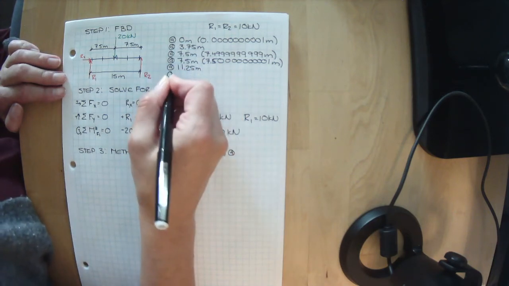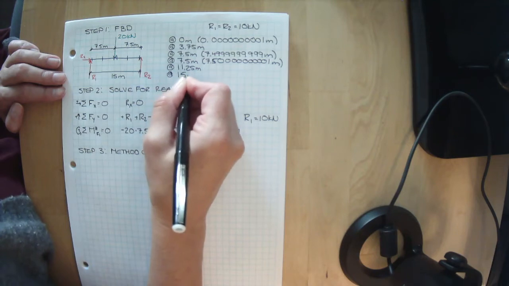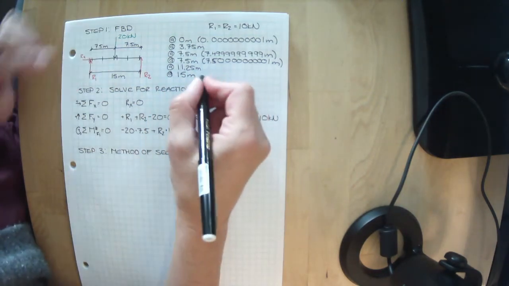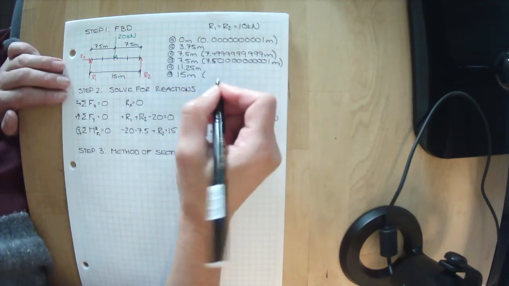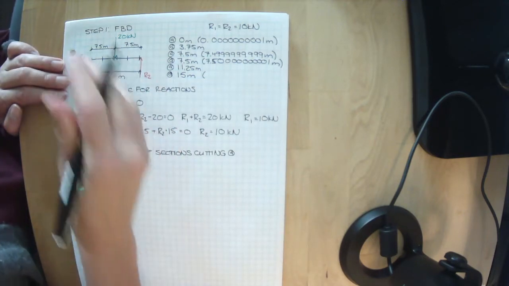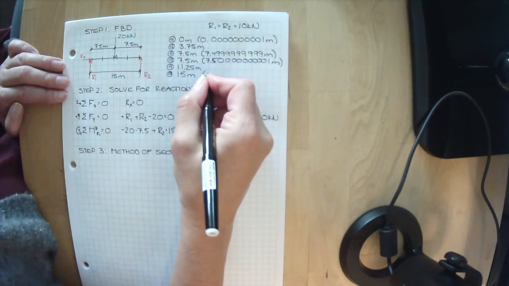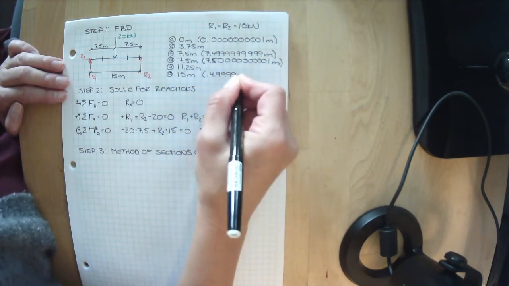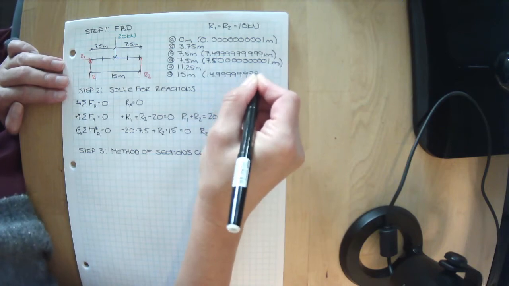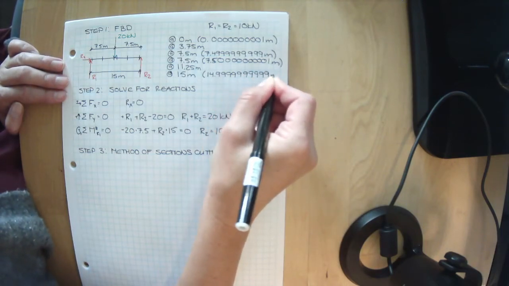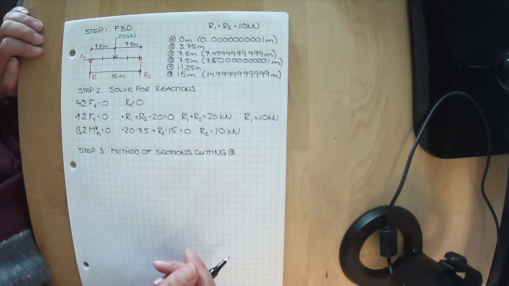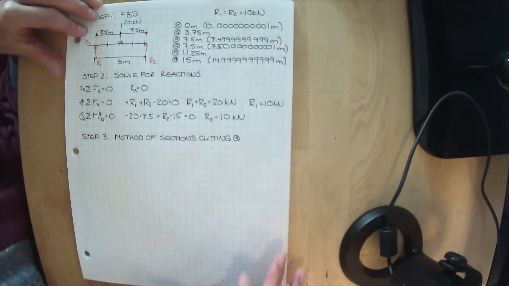And then let's cut it at the end, or 15 meters, but just before this reaction. So just before we've completed the original free body diagram. So at 14.9999999 meters. Those are the places we're going to cut this beam using method of sections.